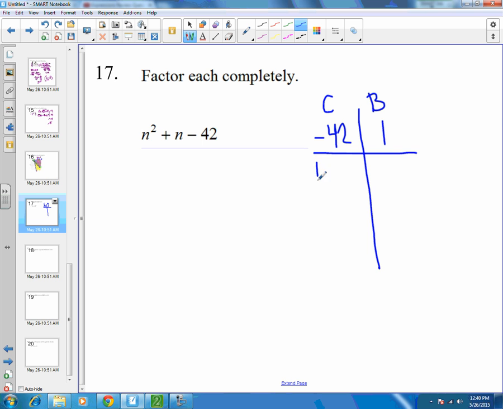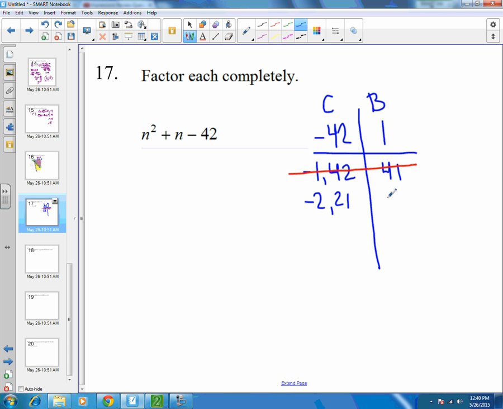So when I'm filling this out here, we're going to start with 1 and 42. My smaller number is negative, larger number is positive. So -1 times 42 is -42, but -1 plus 42 is 41, and that does not work. We want it to be 1. So I'm going to move on to -2 and 21.